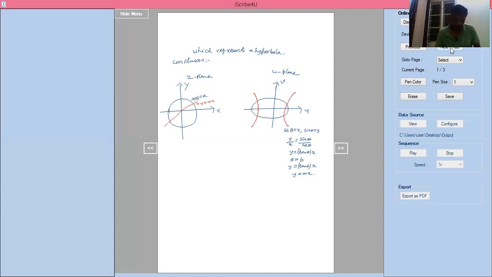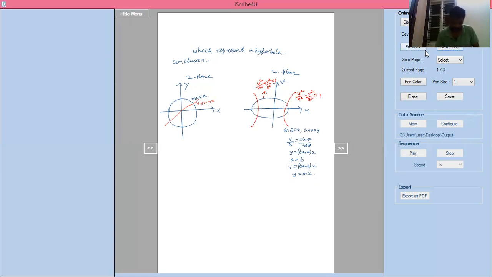So I can write u square by a square minus v square by b square equal to 1. This one is u square by a square plus v square by b square equal to 1. Understood?